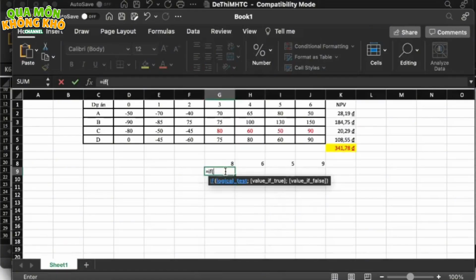So I say if the random number I create, the random number from 0 to 1, is greater than 0.8, then the cash flow value from ABD in the 2 final years will reduce 20%, which means this value will be multiplied by 0.8.